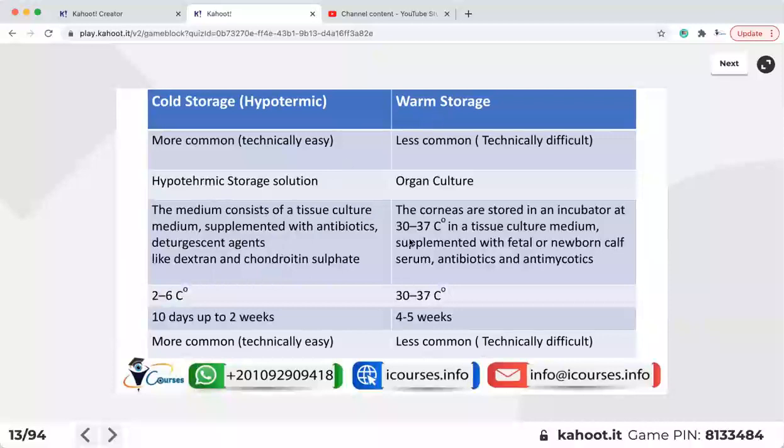However, in the warm storage, the corneas are stored in an incubator, not in the refrigerator like in the cold storage, because the cornea will be stored at about 30 to 37 Celsius, which is more than room temperature, in a tissue culture medium supplemented with fetal or newborn calf serum.